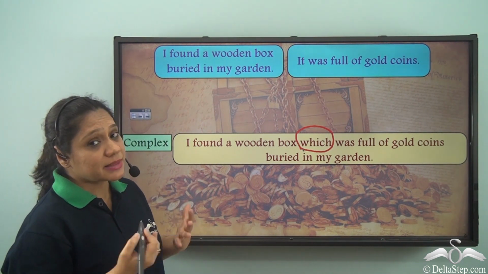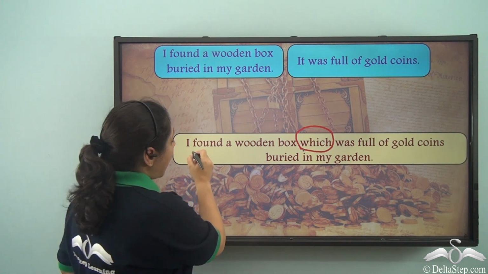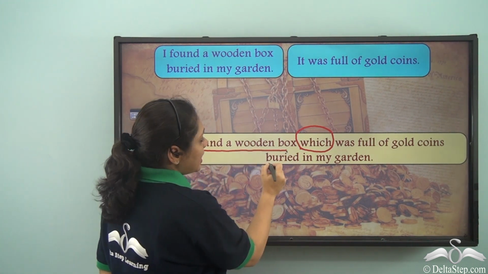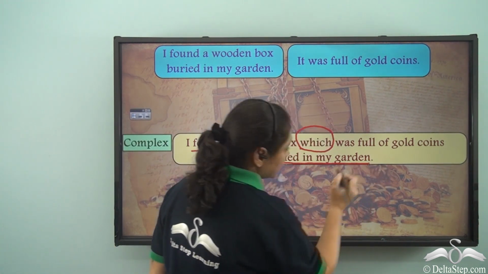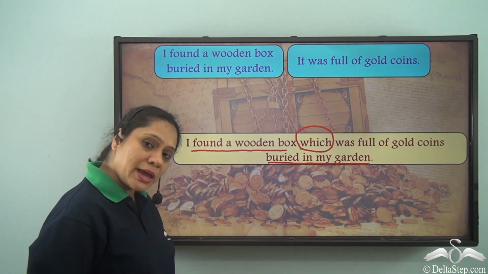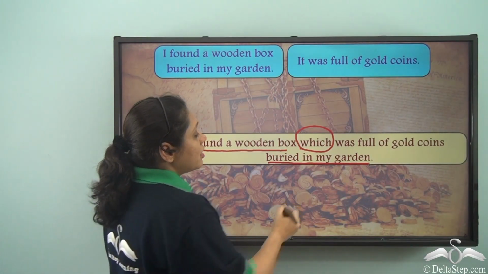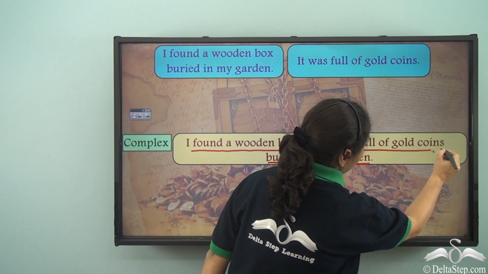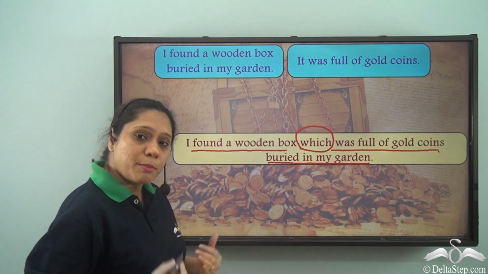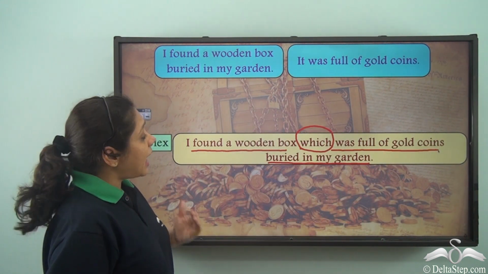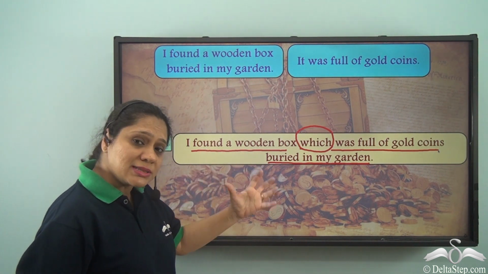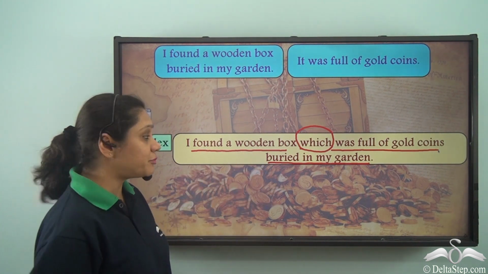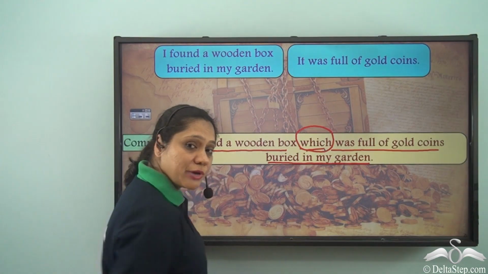Now, here in this sentence, the part I found a wooden box buried in my garden is the independent or main clause, and the part which was full of gold coins is the subordinate clause here, and both these clauses have been joined by the relative pronoun which.